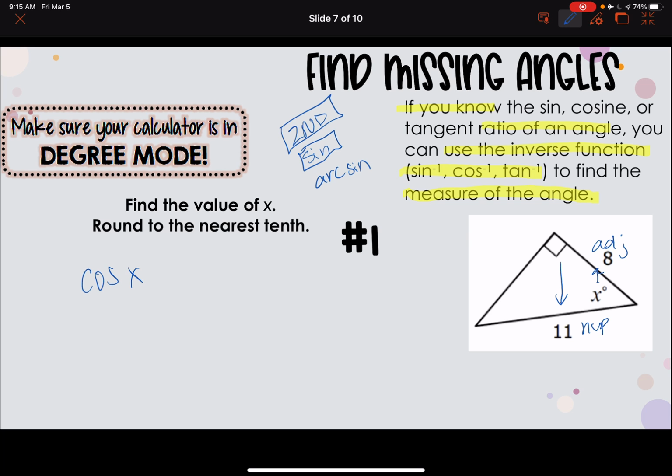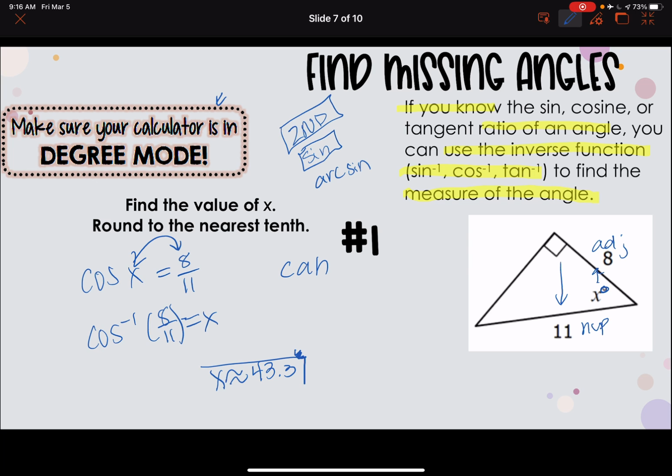So the cosine of X is equal to 8 over 11 because it's Sohcahtoa. Now, that gives me nothing, but what you can do is cosine inverse of 8 over 11, and that gives you X. Pretty much you end up switching these out. So when you plug that into your calculator, make sure you're in degree mode again. Then you're going to get X is approximately 43.3. And we don't need to write the degree since the degree symbol was already on here. So it's going to be X is approximately 43.3.